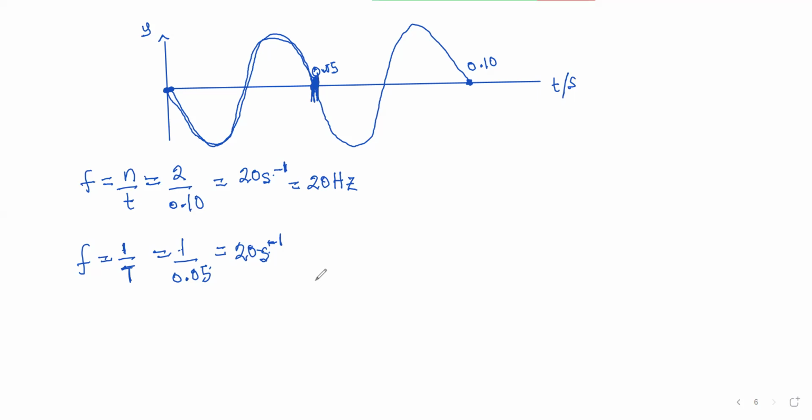Question 13, which 2 waves have the same wavelength? Looking at waves A, B, C, and D, which 2 waves have the same wavelength? I'm also trying to look at it myself.